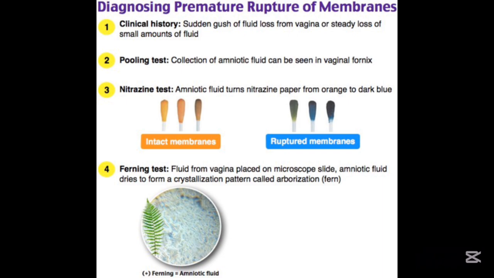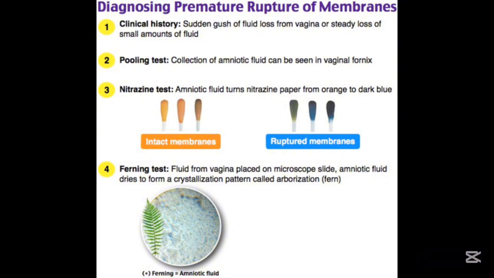You can also carry out an ultrasound to assess the amniotic fluid volume, to check the fetal well-being and determine presentation and gestational age. You can do a full blood count, a high vaginal swab, and a C-reactive protein, which will monitor maternal infection or inflammation.